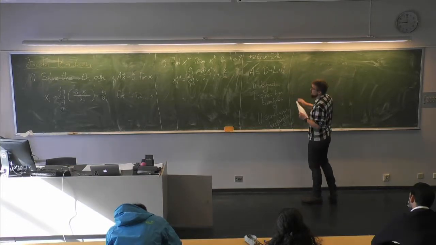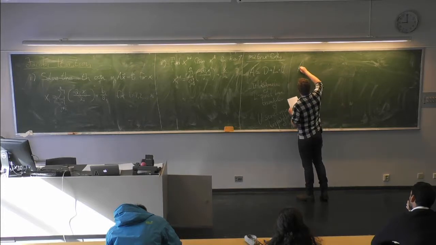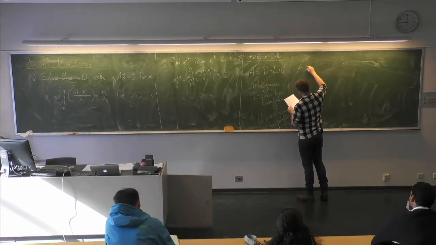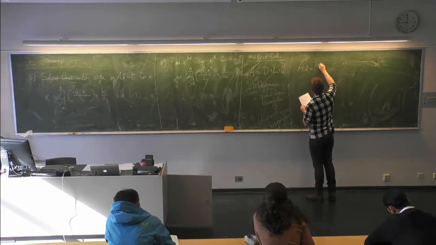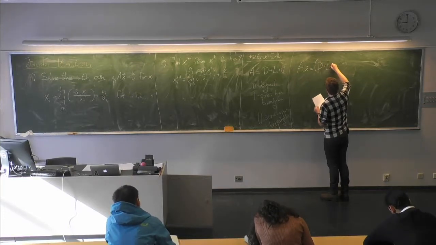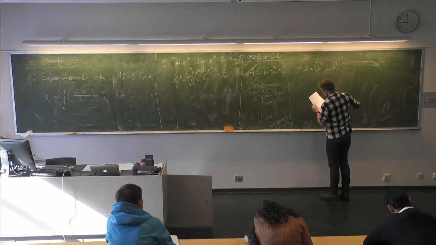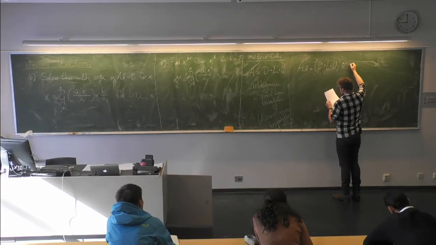Okay, so that's A. We're solving this Ax equals b. So D plus L plus U times x equals b.